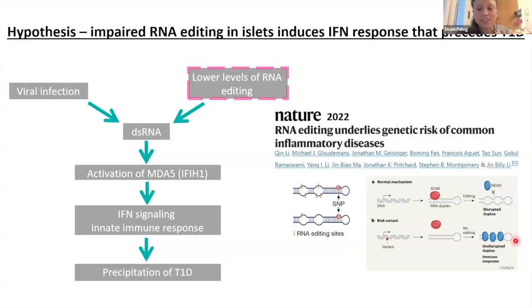They then found that there's a significant overlap between genetic variants that are associated with decreased levels of RNA editing and genetic variants that are associated with autoimmune diseases, such as lupus, psoriasis, IBD, and also type 1 diabetes. So this paper supports our hypothesis that impaired RNA editing in islets may induce the interferon response that precedes type 1 diabetes.